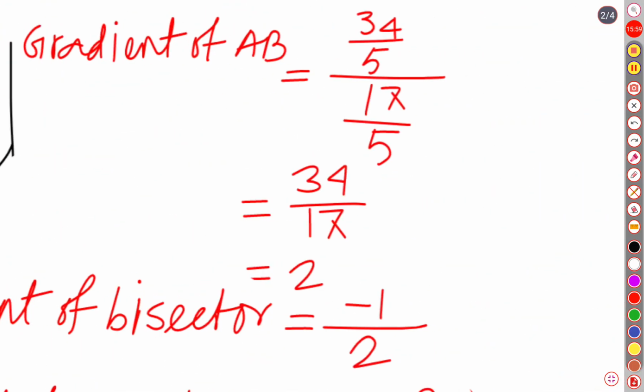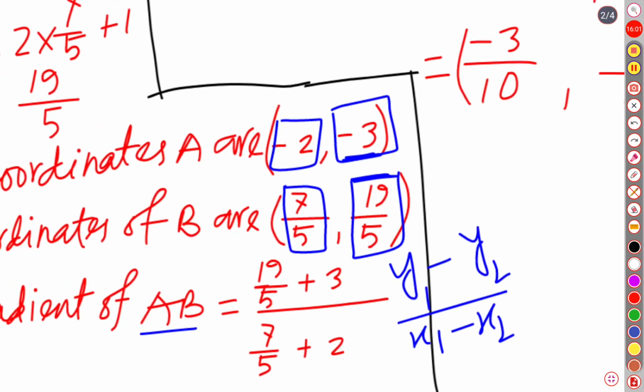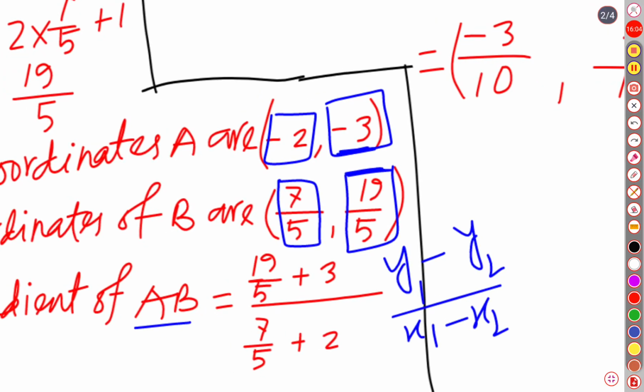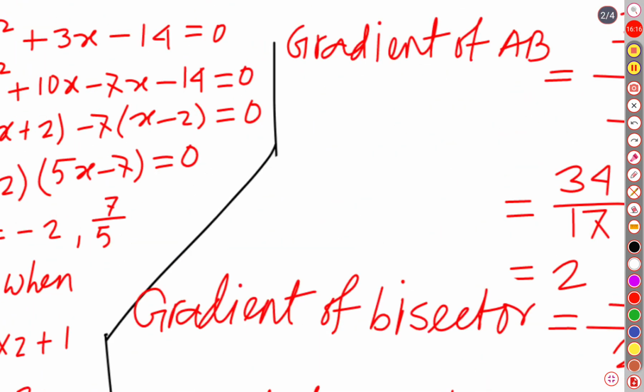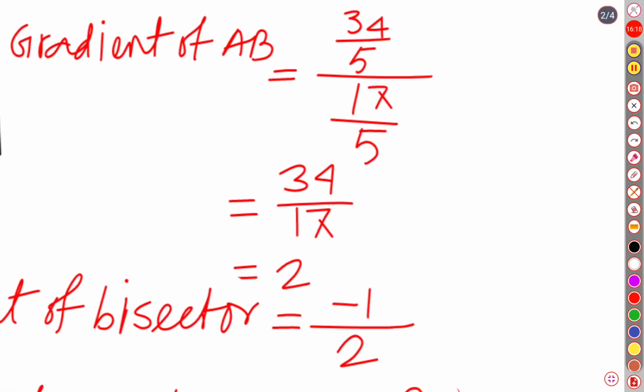Our gradient of AB, let me do it mentally. 5 threes are 15, 15 plus 19 is 34. And in the denominator, 5 twos are 10, 10 plus 7 is 17. So we can write the gradient of AB is 34 over 5 divided by 17 over 5.